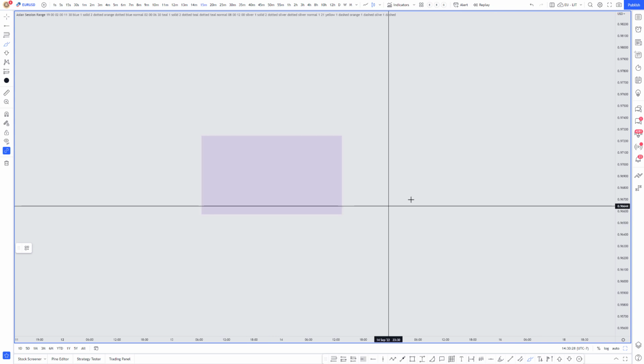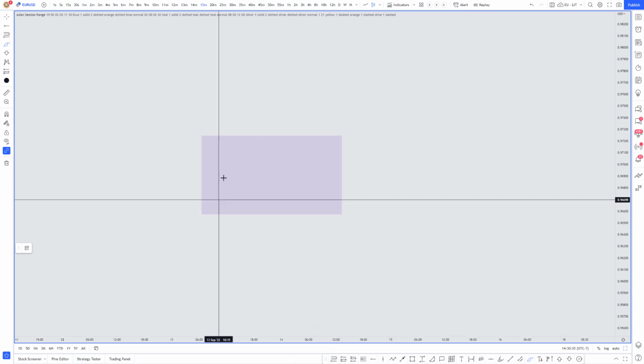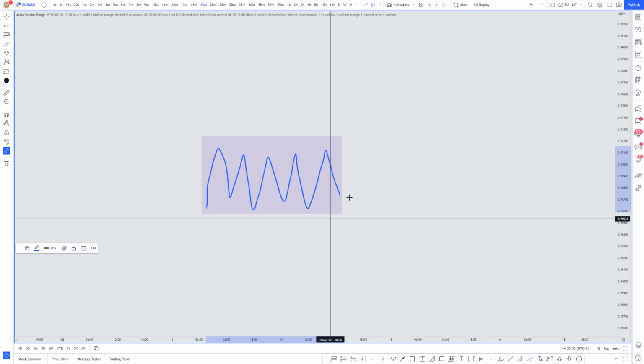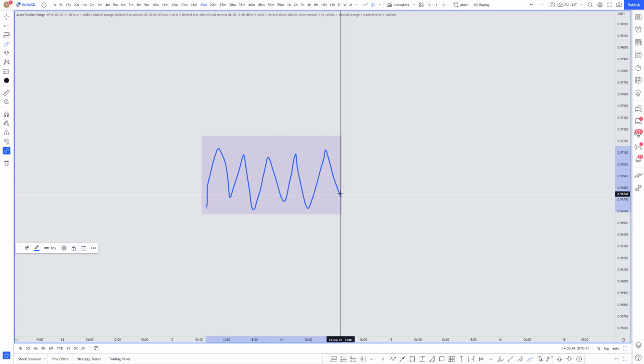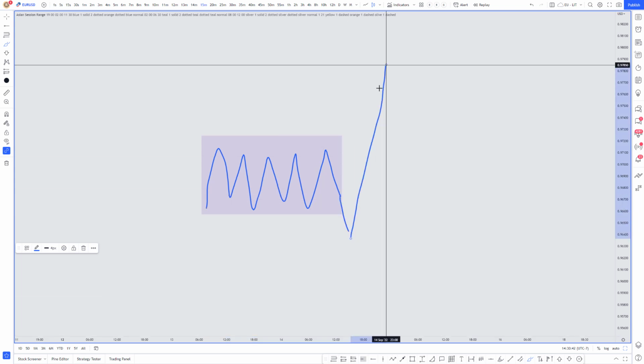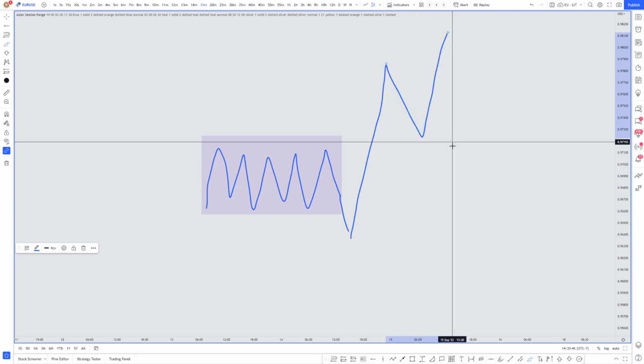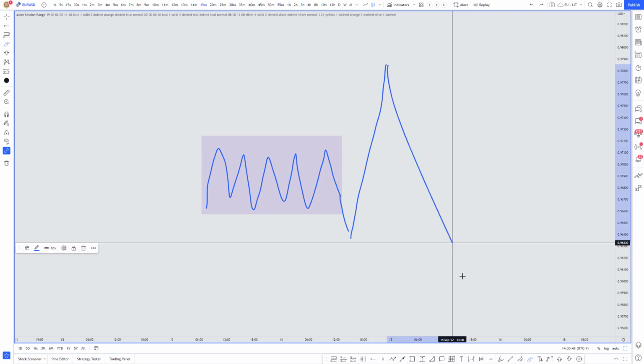So this box is Asia, and basically Asia is known to generate liquidity. Now, one of several things could happen. The perfect model is Frankfurt sweeps, London pushes, and then New York either continues or New York reverses.